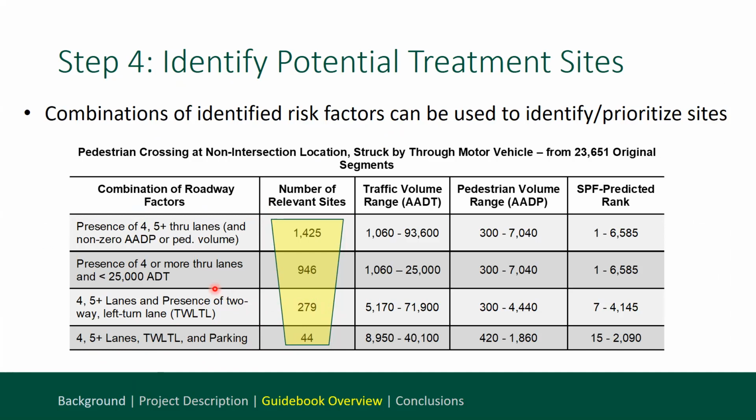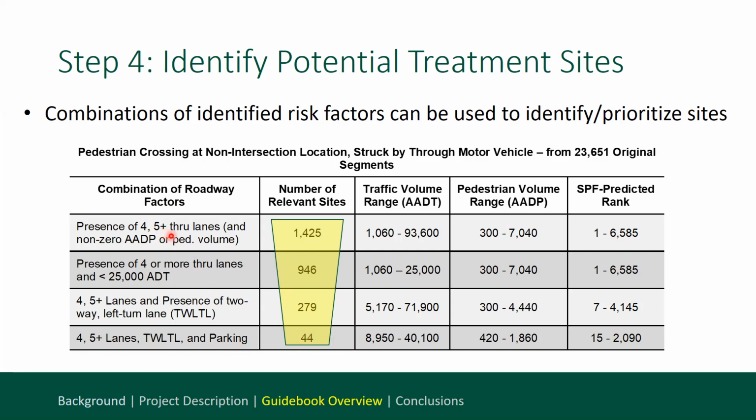You can now say, okay, I want to look at sites with less than 25,000 ADT. Then the number of sites goes up, and as you remove restrictions, you have more of those sites. As you add restrictions, you have fewer and fewer of those sites. So you basically add the parking restriction, and you only have 44 sites.